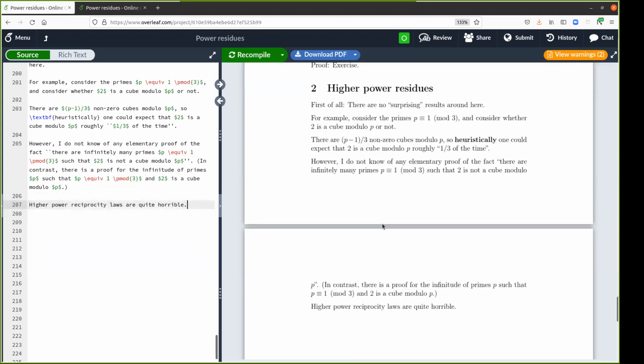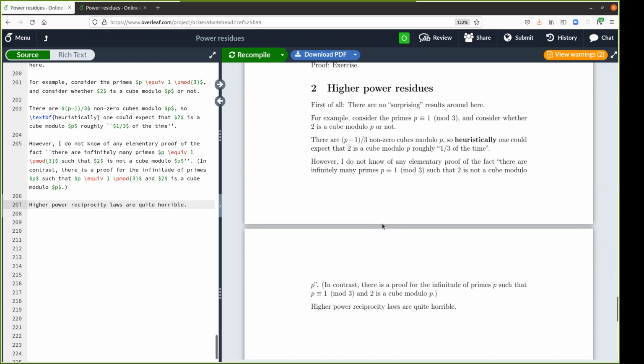I mean, first of all, you have to think of some field extensions of the rational numbers and then consider what happens over there. But you can't really give a similar argument.